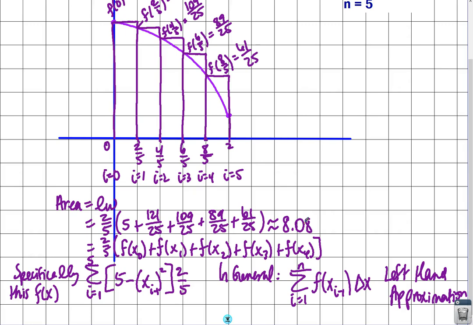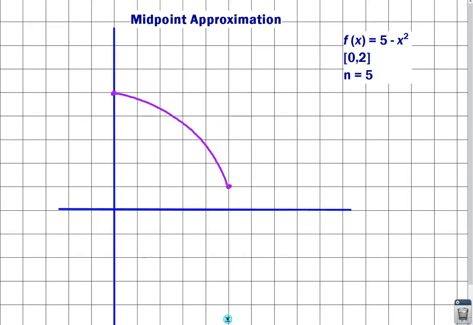But what if I wanted to make this even more accurate? Because some guys are like, well, the left hand side is too high. The right hand side is too low. What if we found the value right in the middle of the other two? Well, that's going to be called the midpoint approximation.